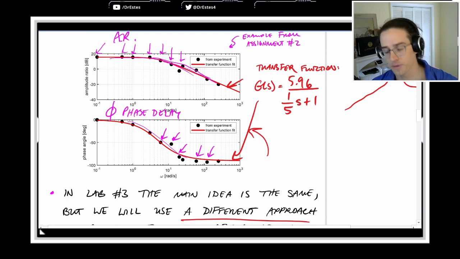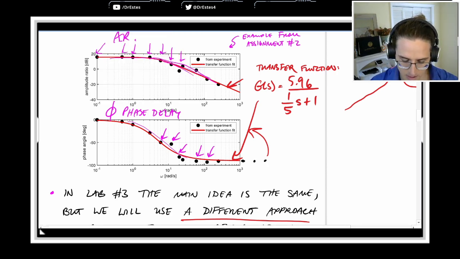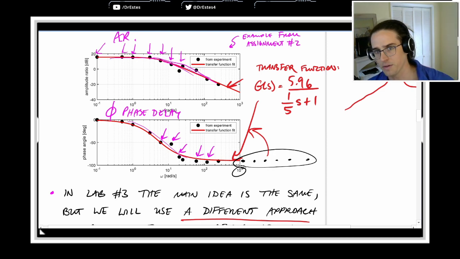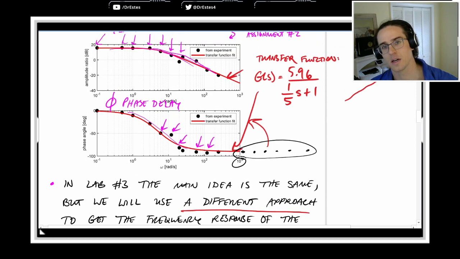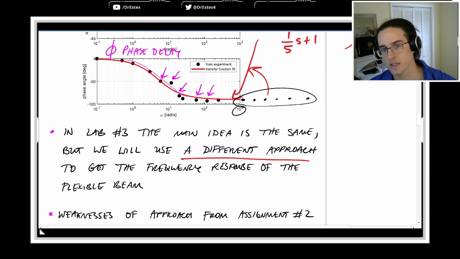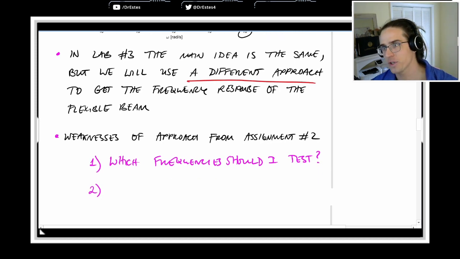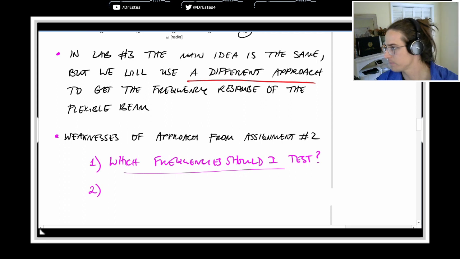If I tested higher frequencies, all of the points over here would be kind of the same, and it wouldn't help me fit this data with the transfer function at all. So a weakness of the approach we use in assignment 2 is the person running the experiment has to have a good idea of which frequencies should be tested. Okay, so that's the first problem.